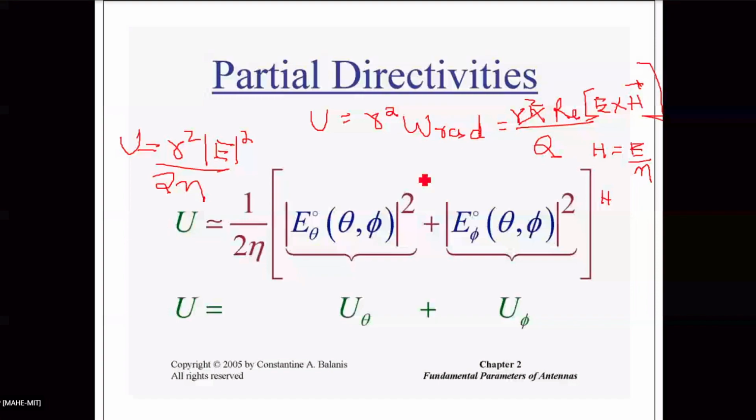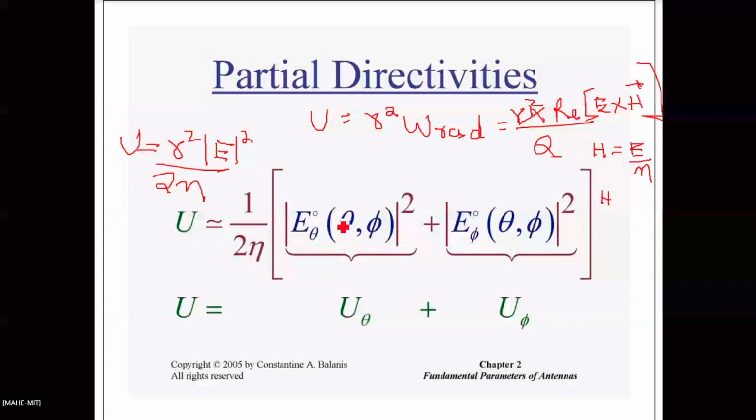Okay. So now what is E square? E square is ER square plus E theta square plus E phi square. So that is being discussed here. Now ER component is not shown here because, I said, in the far field region ER is almost 0. Now he has shown E theta naught of theta phi.